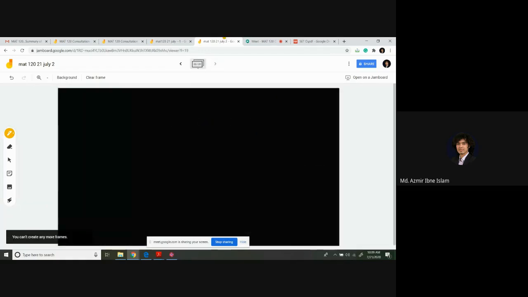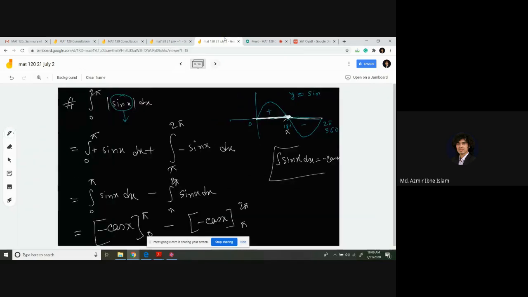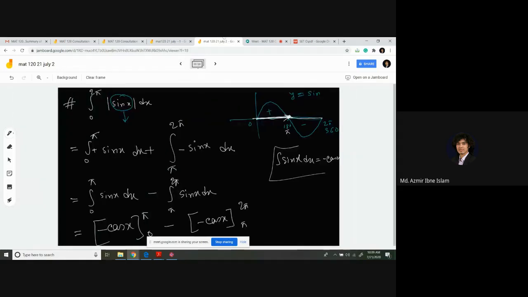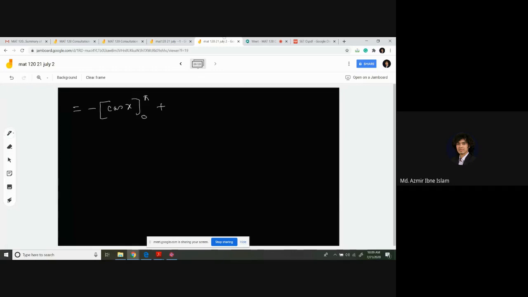So here I am bringing the negative part before: negative square bracket cosine x from 0 to pi, and if we pull out this negative, it will be negative negative, positive, so positive cosine x, upper limit 2 pi, lower limit pi. Now we use the fundamental theorem, where we input the upper limit at first, then the lower limit.